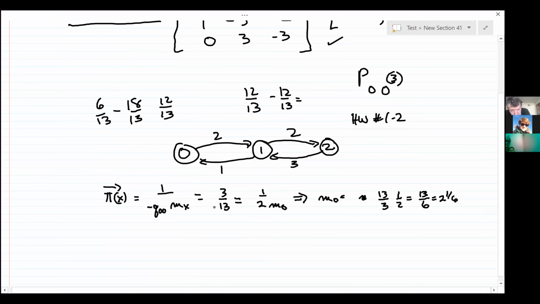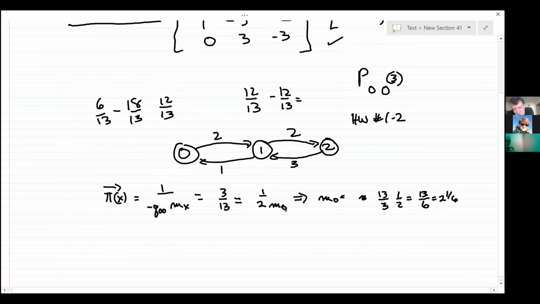And that would be equal to m0. Make sure I did that right. Yeah, so 1 over m0 is 6/13. So m0 is 13/6. And that's about 2.17 units of time. So on average, the time it takes to come back to 0 for the first time is about 2.17 units.